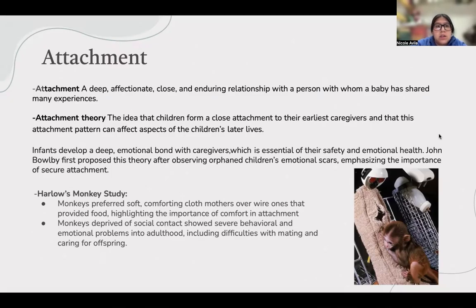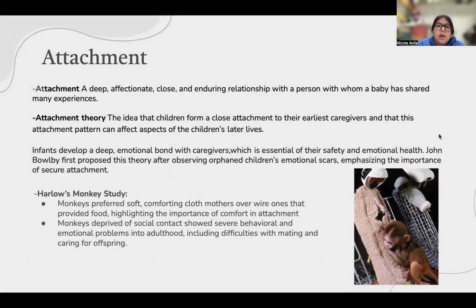This is attachment theory, the idea that a child can form a close attachment to their earliest caregivers, mostly the mom and the dad, and that this attachment pattern can affect aspects of the child's life later on.